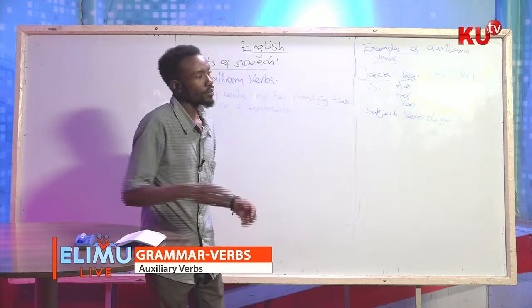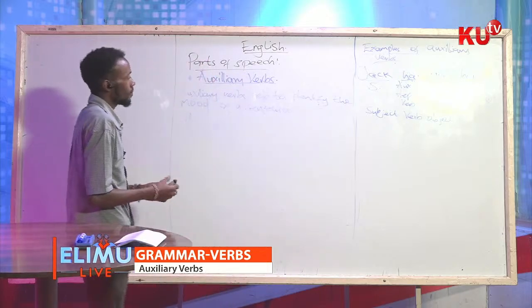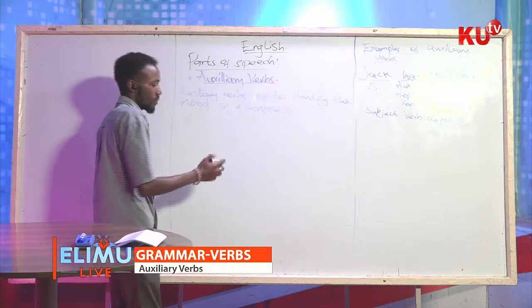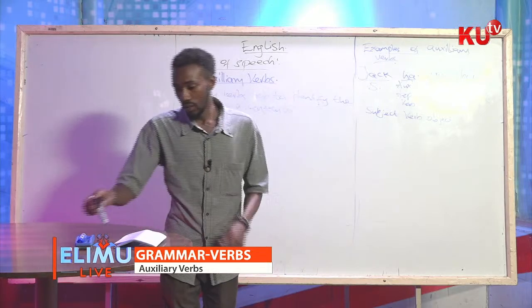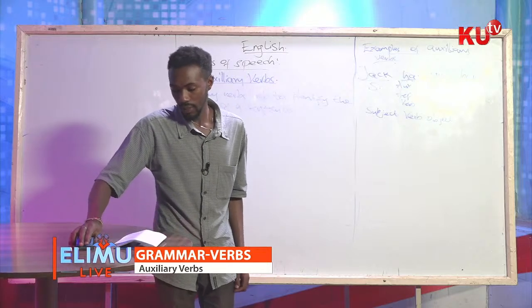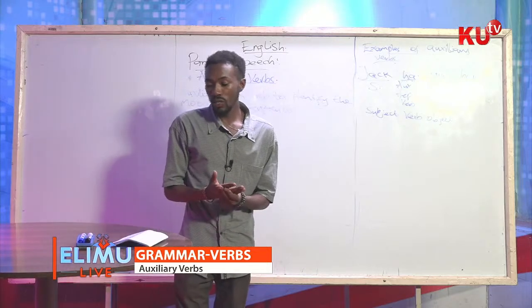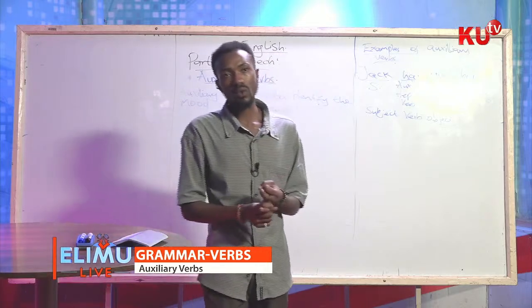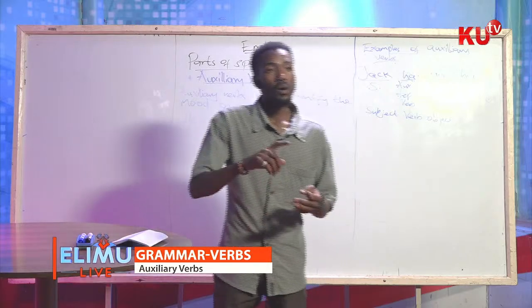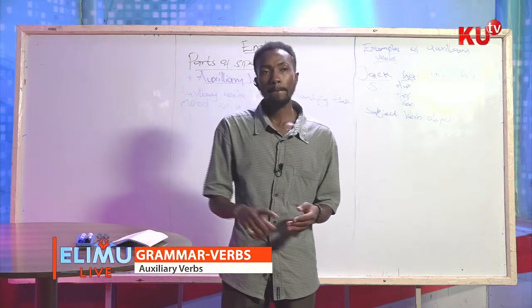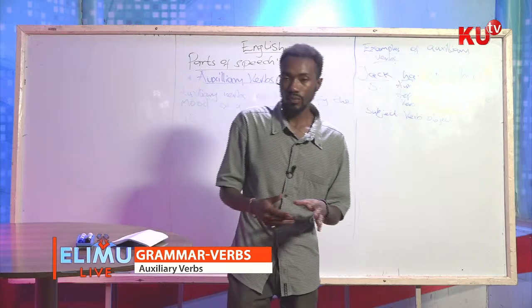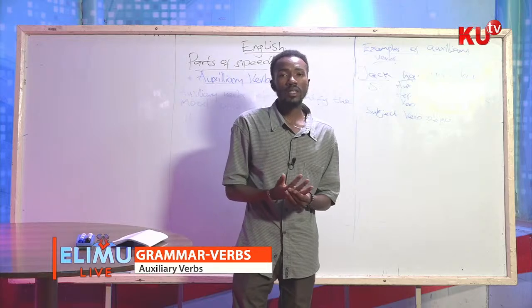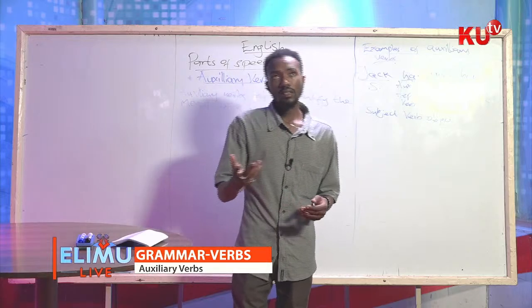For example, in this sentence: my pen has, does not have. Those forms of be are very important for you to identify in a sentence.